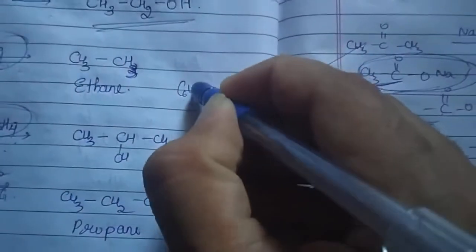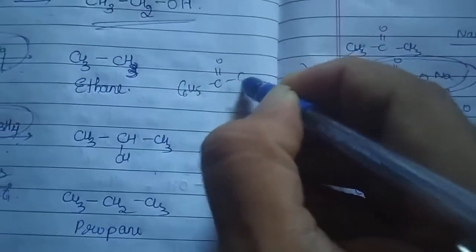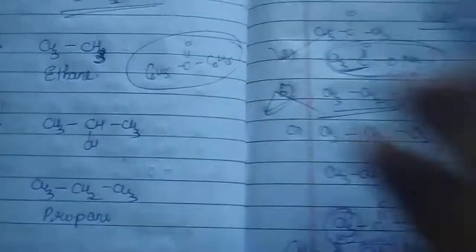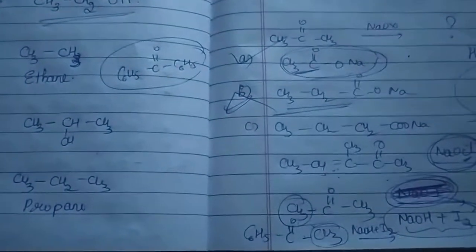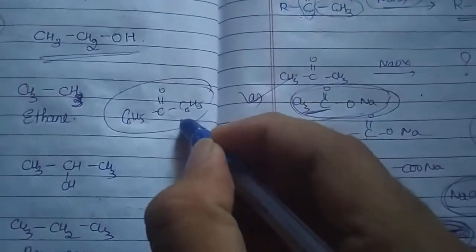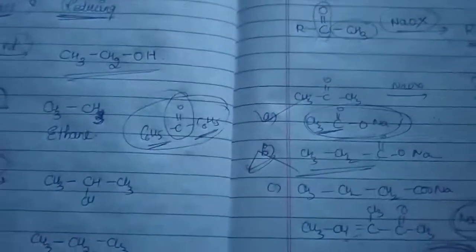What if you have C6H5 C double bond O C6H5? Can it undergo the haloform reaction? Of course not. Why? Because here it does not have any methyl group attached to the carbonyl group. So what is the important point we came to know about the haloform reaction?